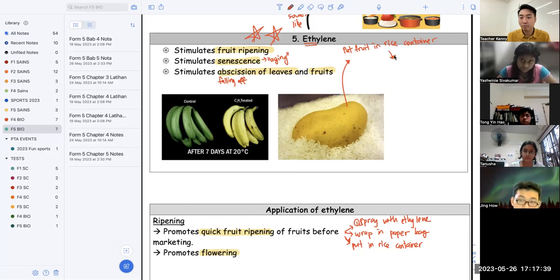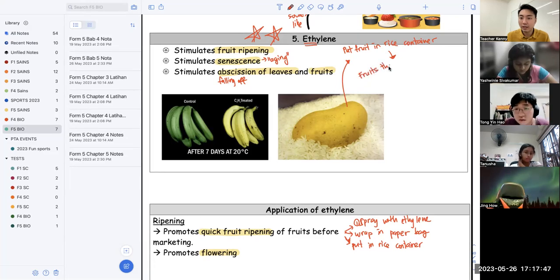Next, fruits that are ripening will release ethylene.